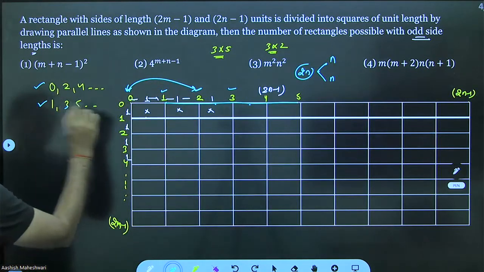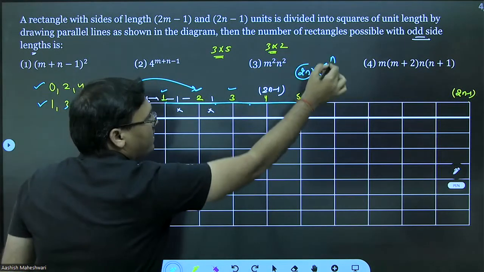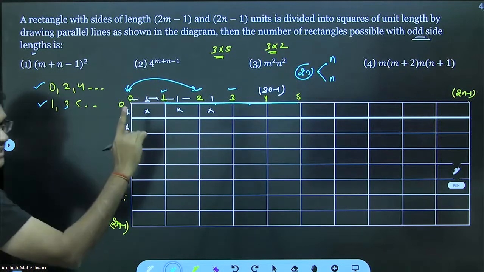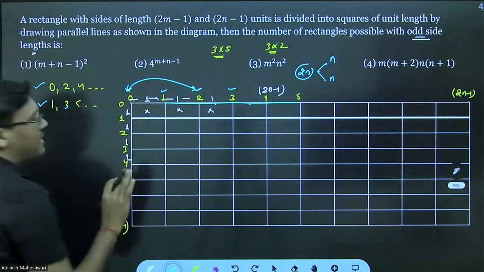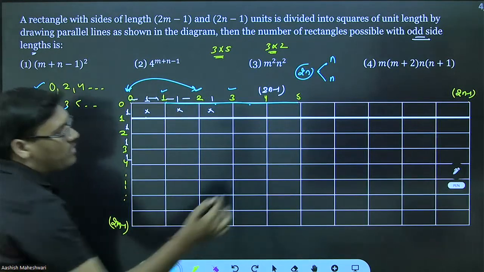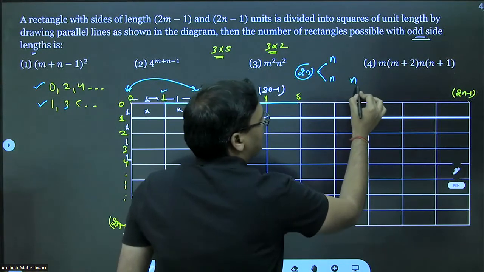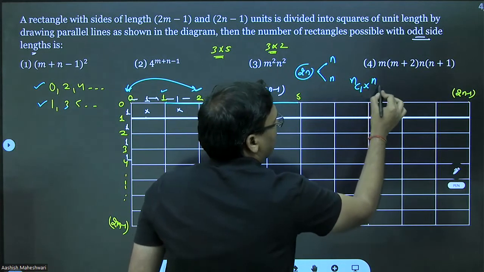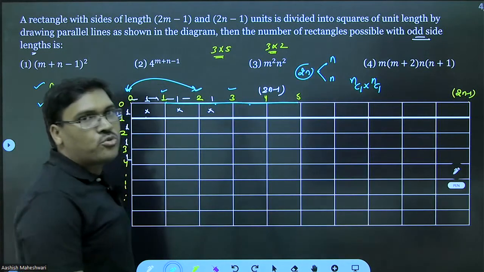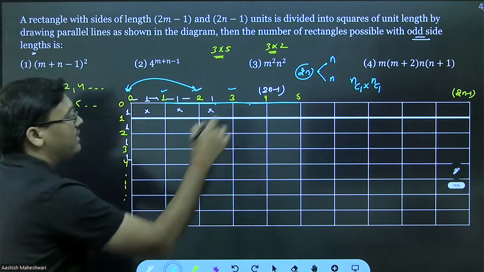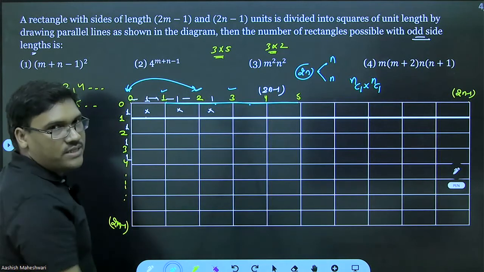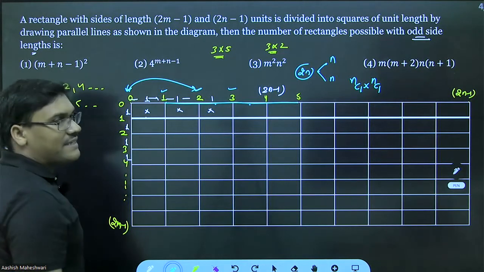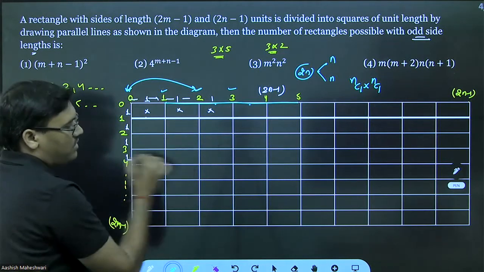So out of n even numbered lines, you have to select one line. Out of these n odd numbered lines, I have to select one line. In how many ways can you select? nC1 into nC1. Total number of ways of selecting one even numbered line and one odd numbered line is nC1 into nC1. Similarly, exactly the same thing you can count on horizontal lines.